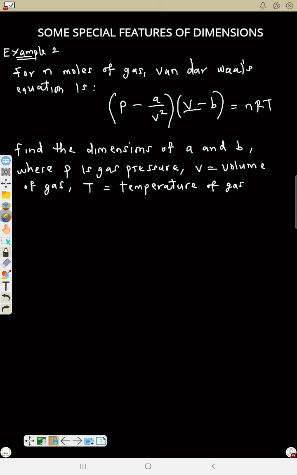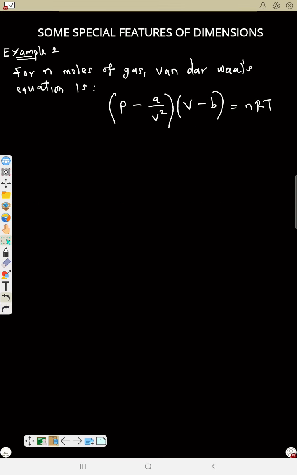Now let's solve. So in this case, how can we find A and how can we find B? It's very easy. Consider this first bracket, and also consider the other bracket. Not the two brackets at the same time; this is multiplication.